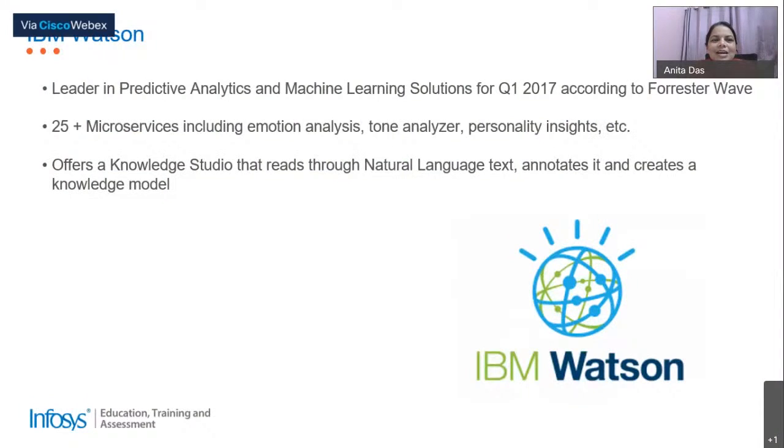It's a leader in predictive analytics and machine learning solutions, according to Forrester Wave in the first quarter of 2017. It has many microservices, like tone analyzer, emotion analysis, sentiment analysis. All those things you can see in this platform. And it offers a knowledge studio that reads through natural language text, annotates it, and creates a knowledge model.